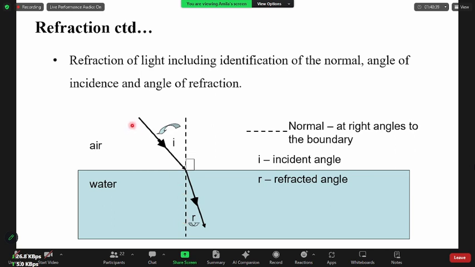If it is from a more dense to a less dense medium, then the refracted ray will go away from the normal, so it will make an angle greater than i. Let me explain.